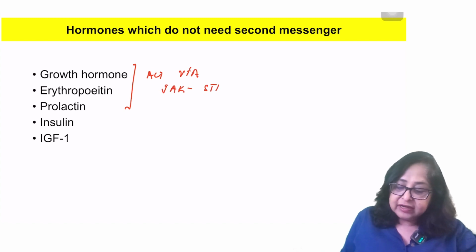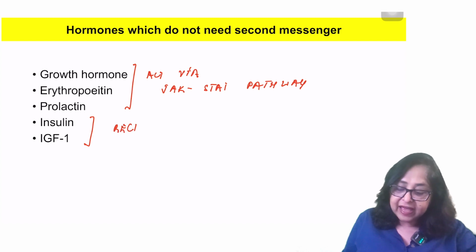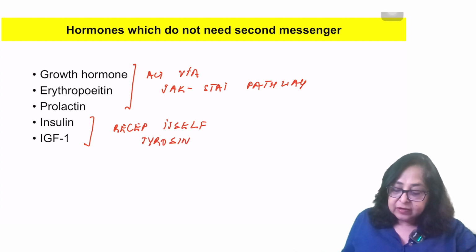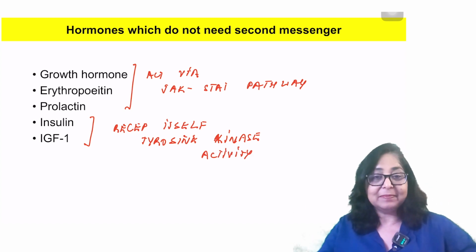And insulin and IGF-1 also do not need a second messenger because their receptor itself has tyrosine kinase activity. So these are the hormones and their second messengers, including the hormones which do not need a second messenger.